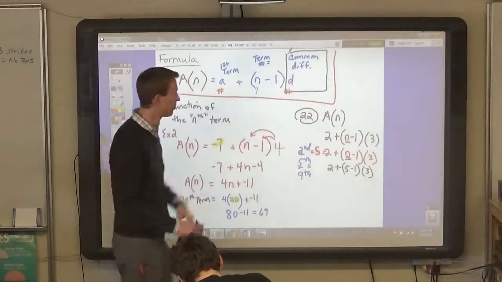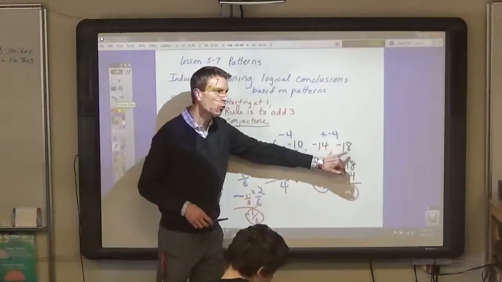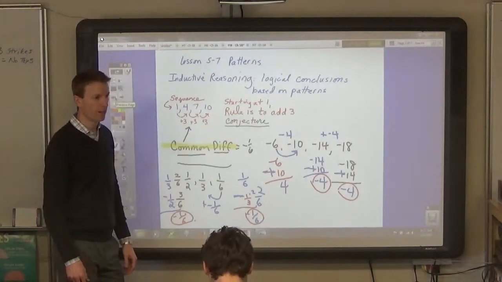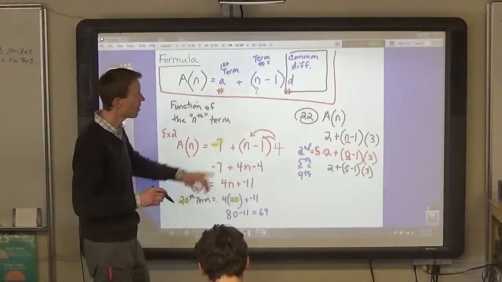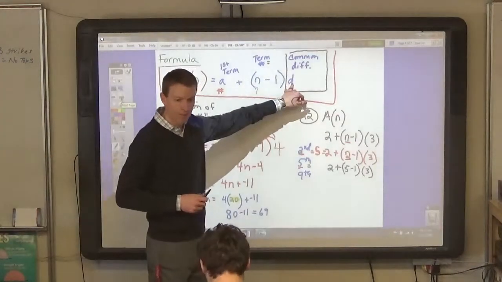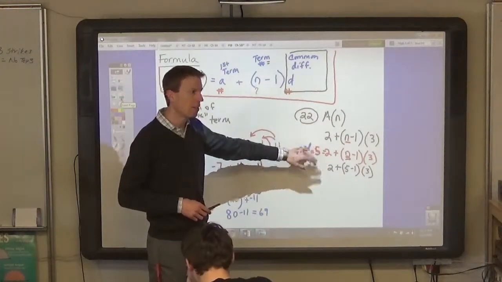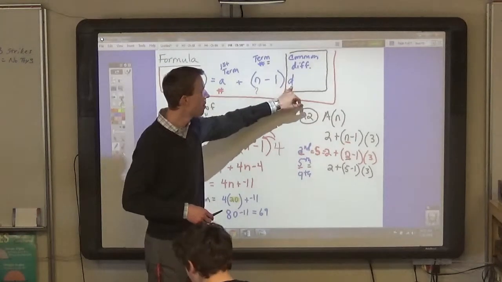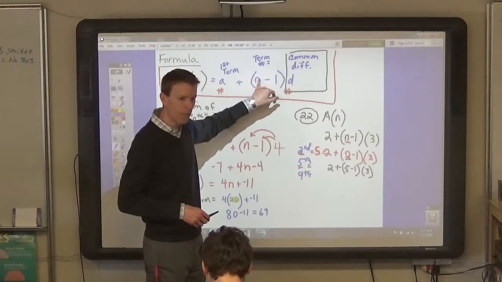We found the common difference by subtracting the numbers in order, finding the pattern. So first find the pattern. That helps you find d if you need to, and then you can use it in this formula: the first term, the common difference, and n is the term number minus 1.